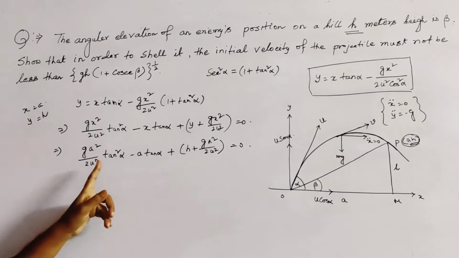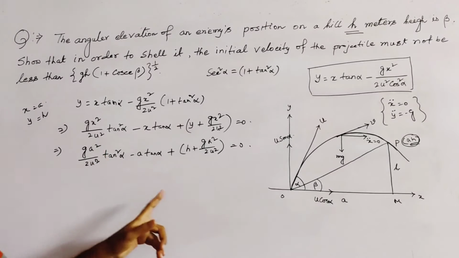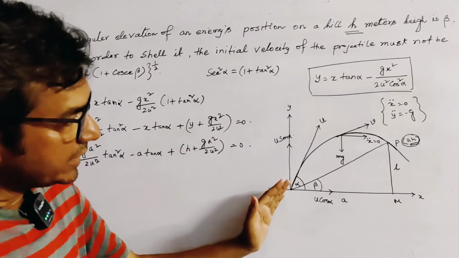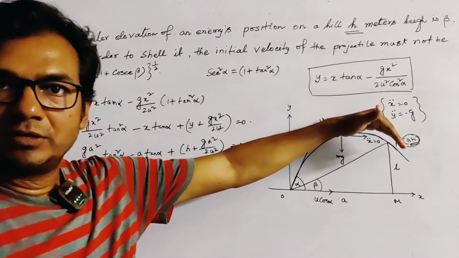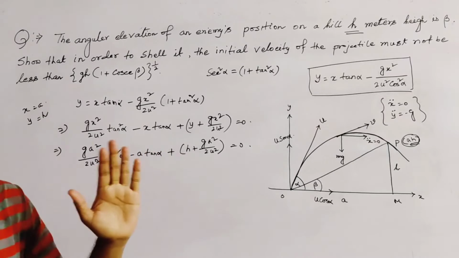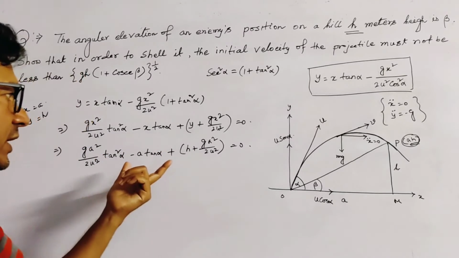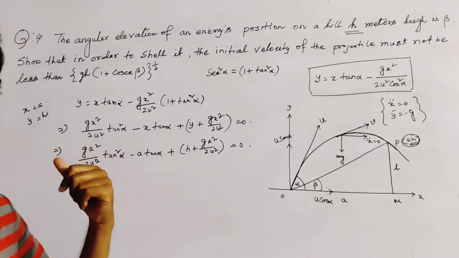This is a quadratic equation in tan alpha. If the projectile really passes through the point P, we get two real values of tan alpha, or two real values of alpha.